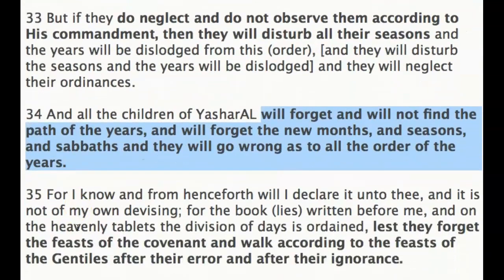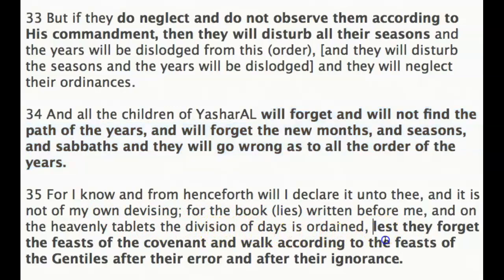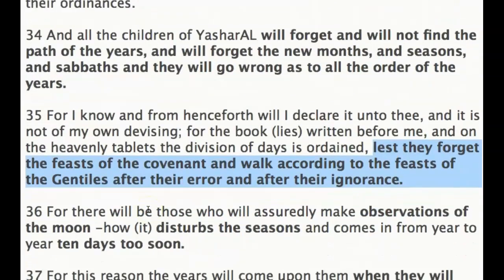For I know, and from henceforth will I declare it unto thee, and it is not of my own devising, for the book lies written before me, and on the heavenly tablets the division of days is ordained, lest they forget the feast of the covenant, and walk according to the feast of the Gentiles or other nations, after their error and after their ignorance, such as the lunar calendar and the lunar Shabbats."